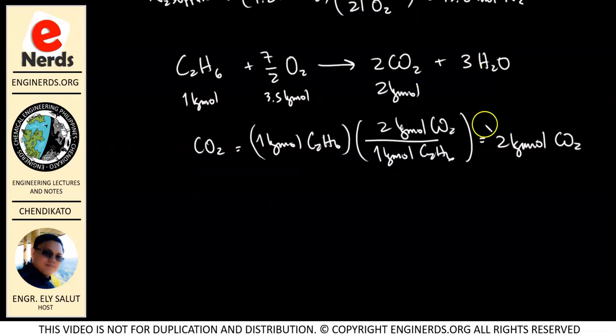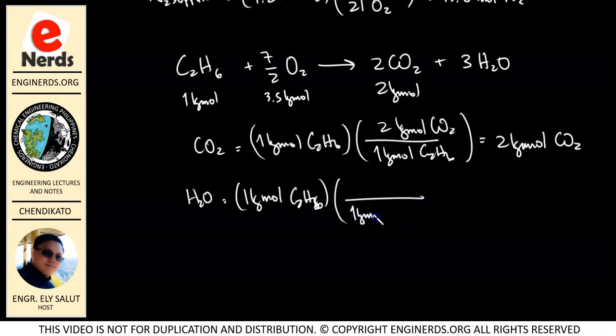Okay, so how much water is formed? So for complete combustion, for every 1 kilogram mole of C2H6, we will be producing 3 kilogram mole of water.